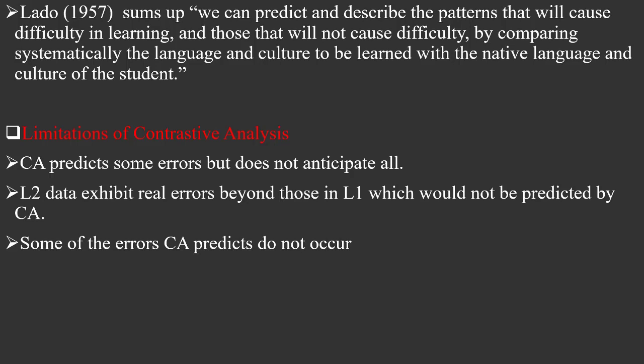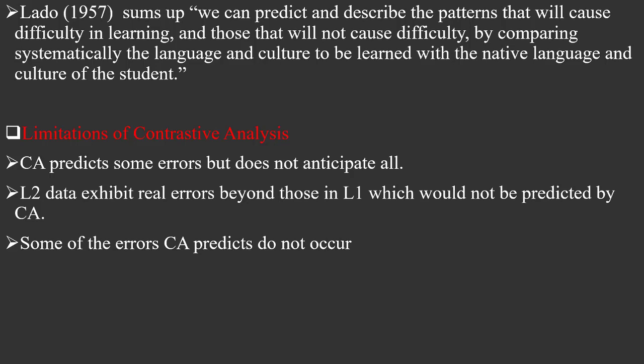Basically, there are some errors that L2 learners produce that have nothing to do with L1. Sometimes when you are learning another language, you make errors that are not reflected by the system of your mother tongue. They have nothing to do with your first language.